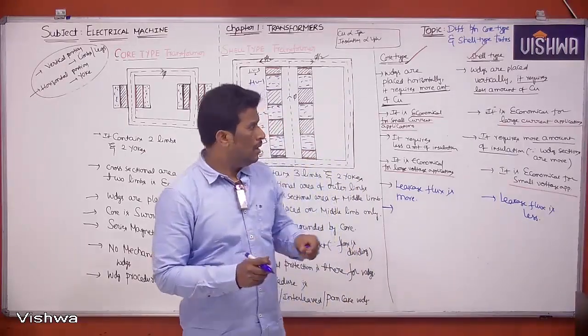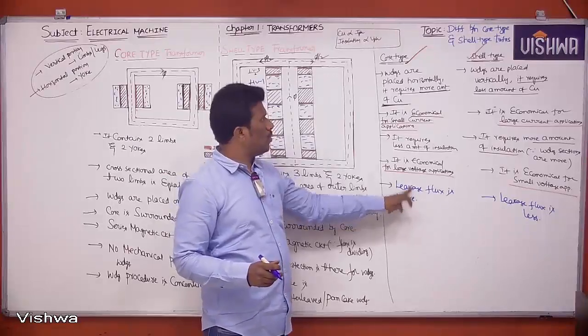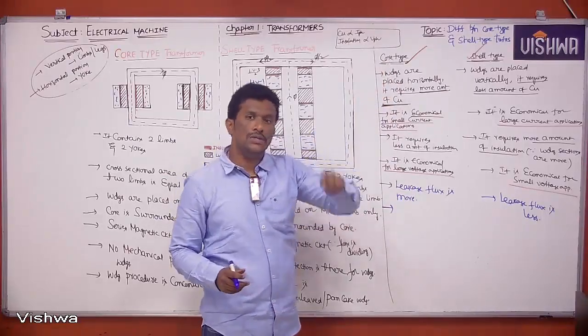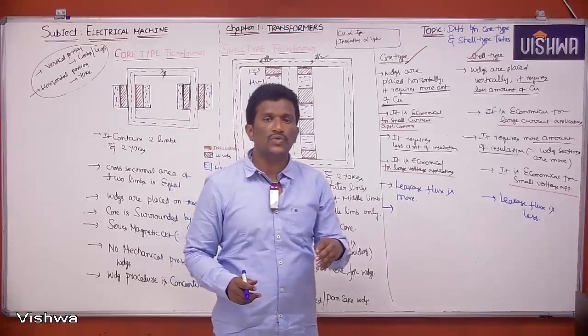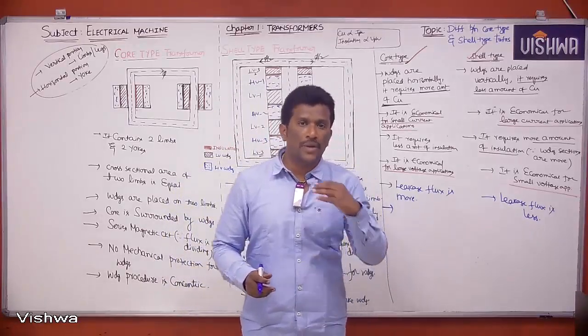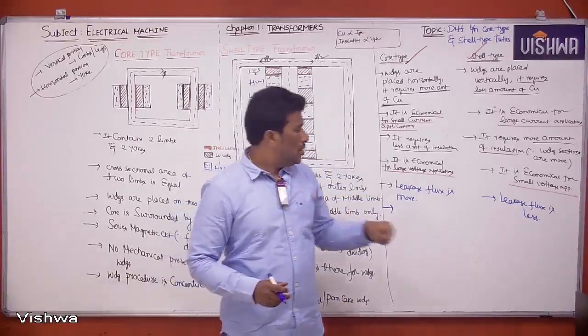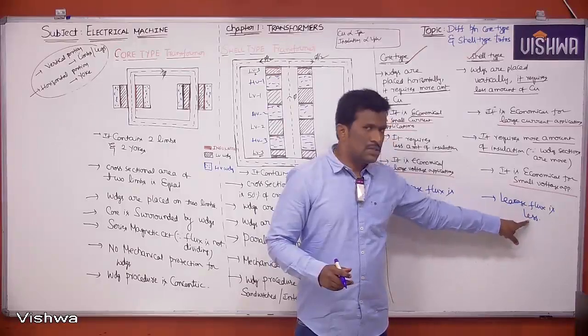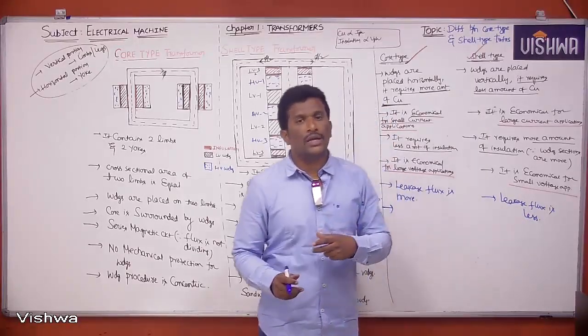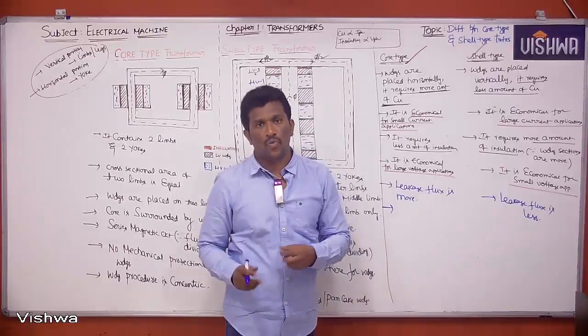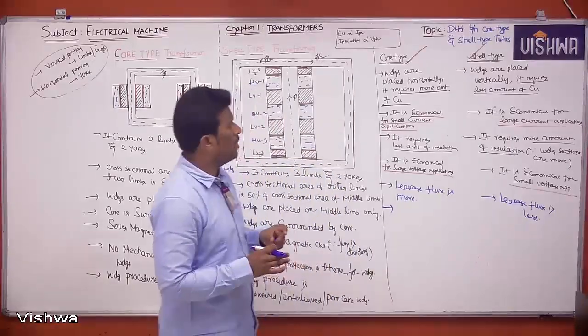Though leakage flux is more in core type transformer, we are still using core type transformer for electrical applications. Though leakage flux is less, we are generally not using shell type transformer for electrical applications. Why? Very simple reason.